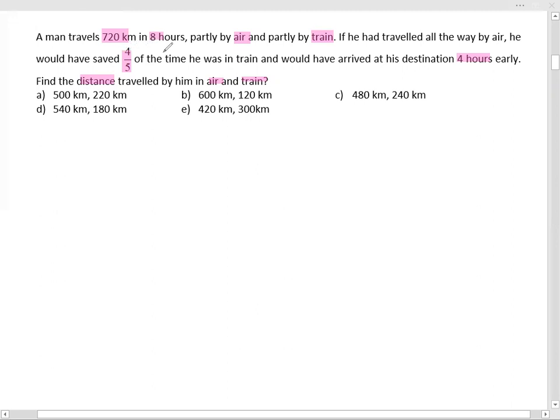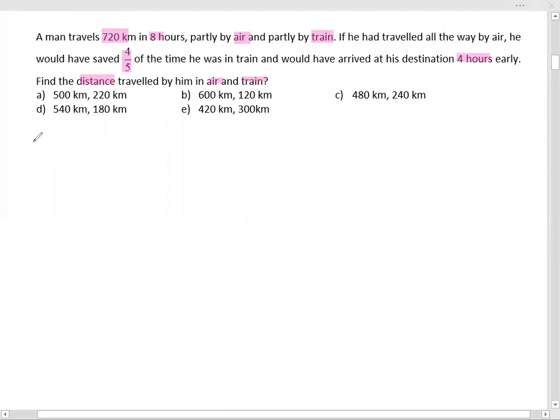That average speed is attained by movement in air and train. Now how much distance we need to take? D1 is the distance going through air, D2 is the distance going through train, or maybe 720 minus D1. So in this way some equations we can generate and proceed.